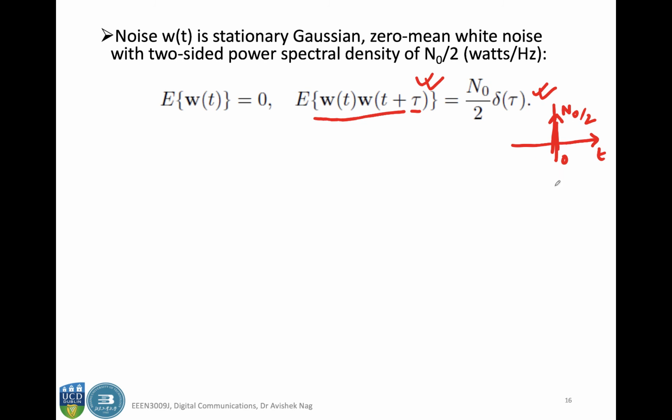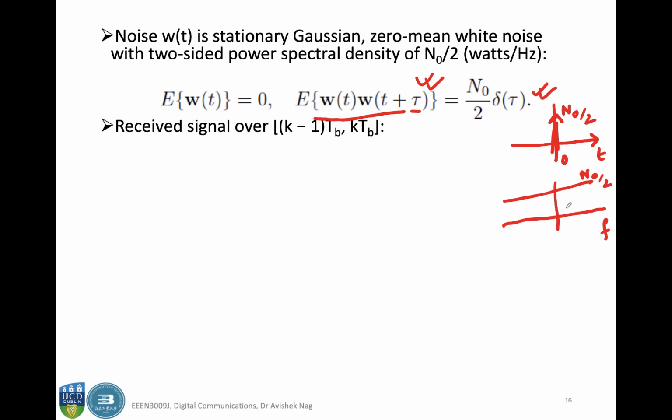And if you take the frequency response of this noise, if you recall from your signals and systems class, any delta function in time domain will give you a flat spectrum in frequency domain. So this will be the frequency domain representation of the noise. You see a flat spectrum with all possible frequencies present. That's why this is called white noise.